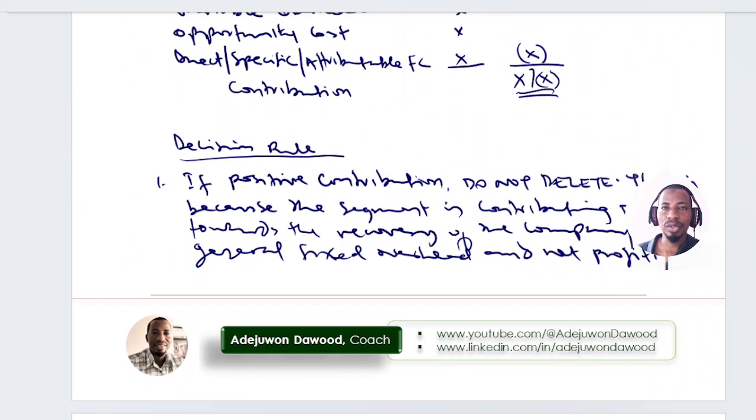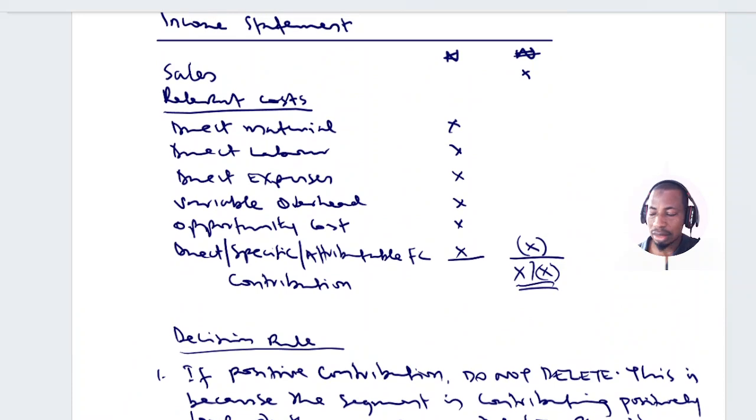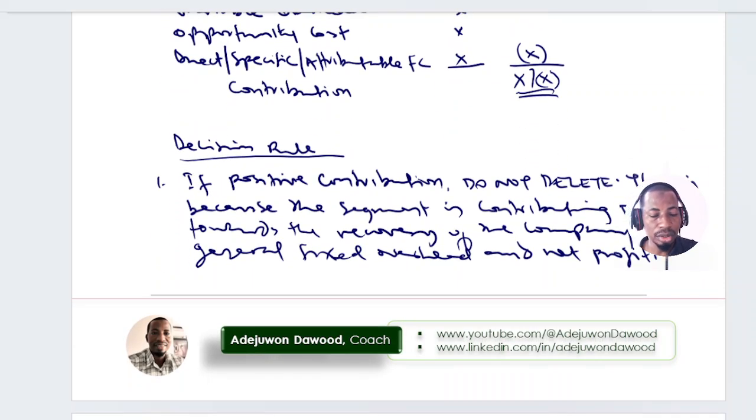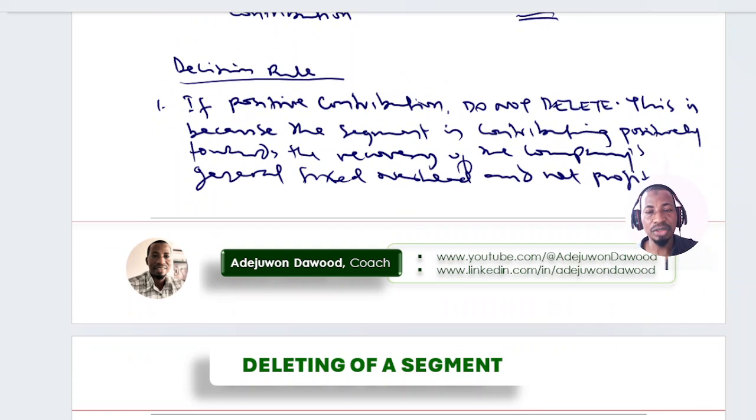After you have carried out the economic analysis and you have either positive or negative contribution, you need to advise. In your decision rule, if it is positive contribution, you advise that the segment should not be deleted because it's contributing towards the recovery of the company's general fixed overhead and the net profit.